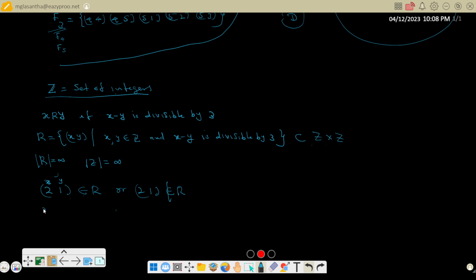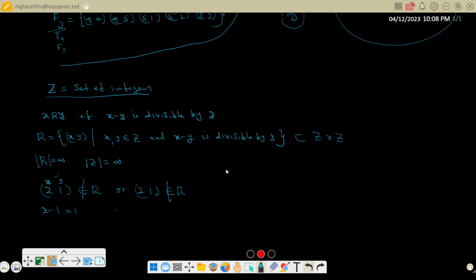Now x minus y, 2 minus 1, is 1. 1 is not divisible by 3, so (2, 1) does not belong to R.